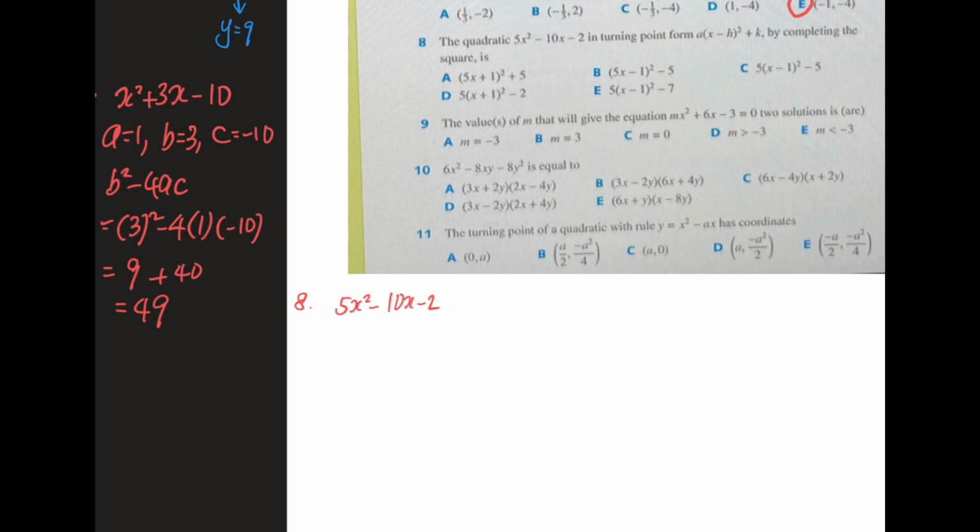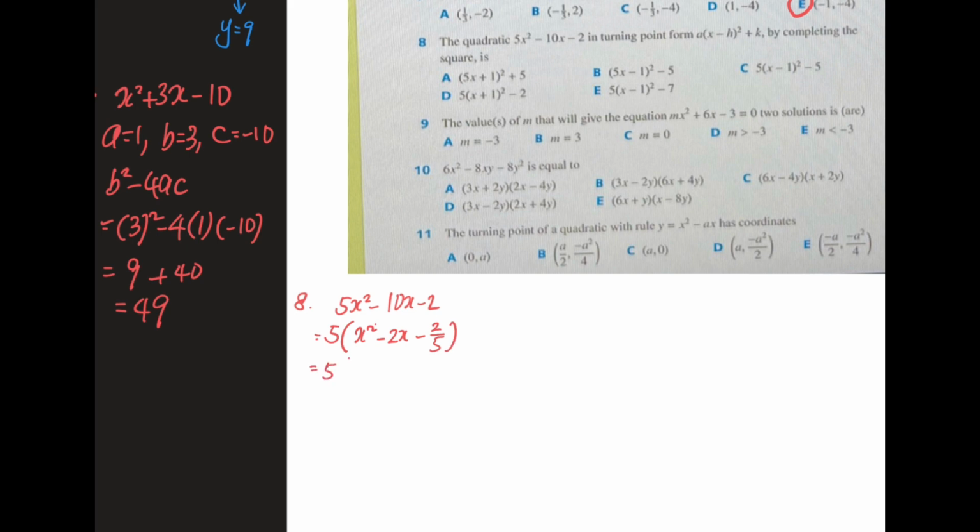5x squared minus 10x minus 2. So we have to do completing the square. We have to make sure there is no number in front of x squared. So we have 5 there. We have to factorize 5. That means 5x squared divided by 5, you get x squared. 10x divided by 5, you get minus 2x.